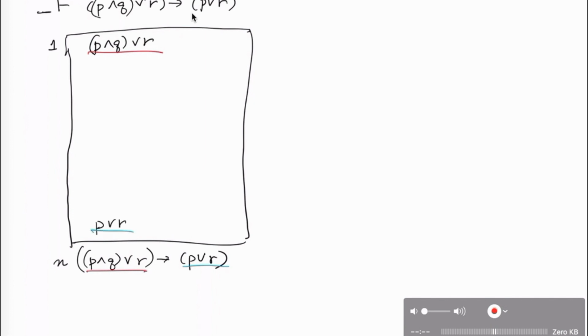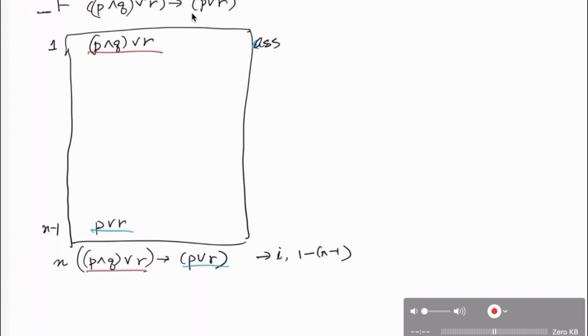All right, so this is my assumption, and this is my line n minus 1, and this will be obtained from line using the implication introduction from box 1 to n minus 1.